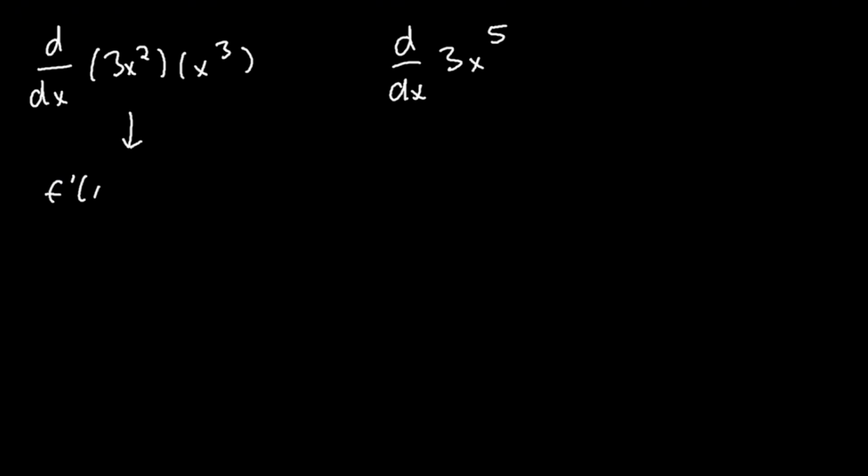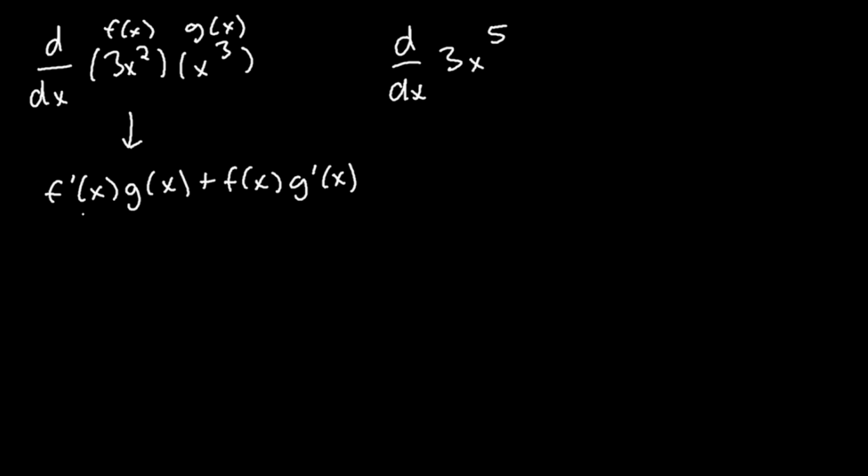Product rule was the derivative of f times your function g, plus f times the derivative of g. Right? So let's assign this to f of x and let's assign this to g of x. So let's go ahead and solve for this derivative.